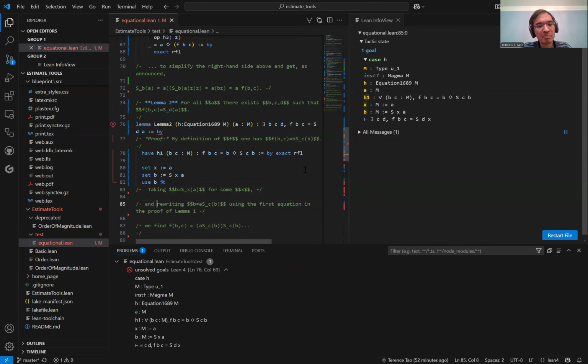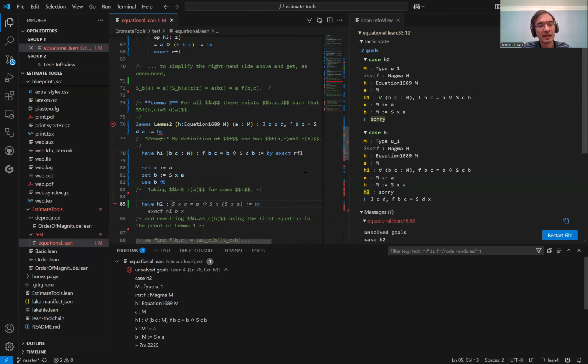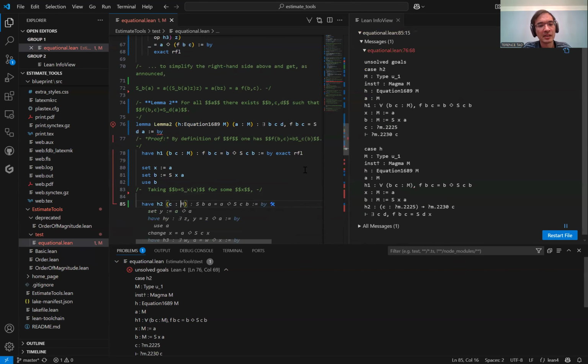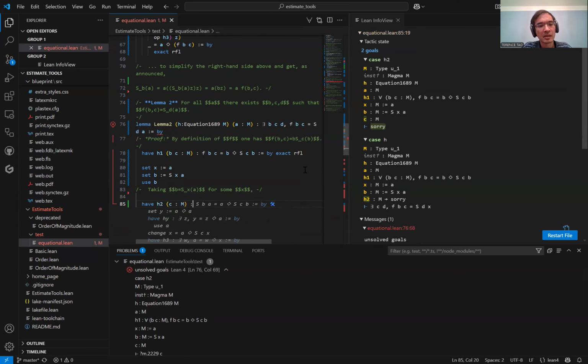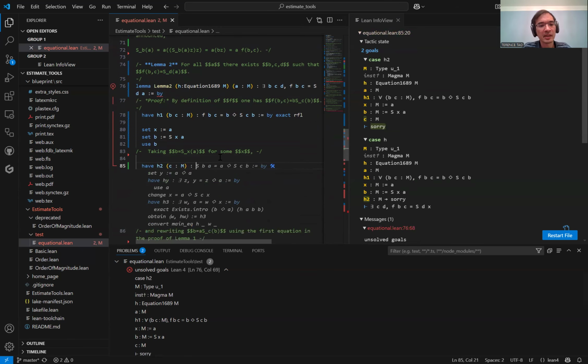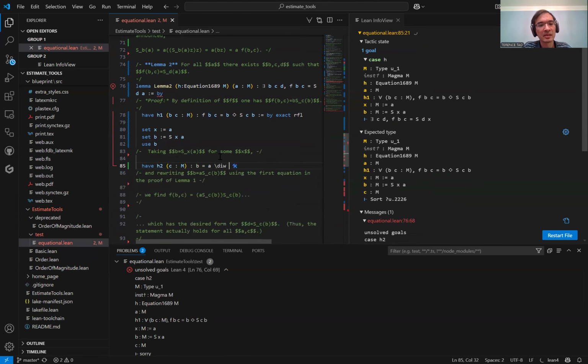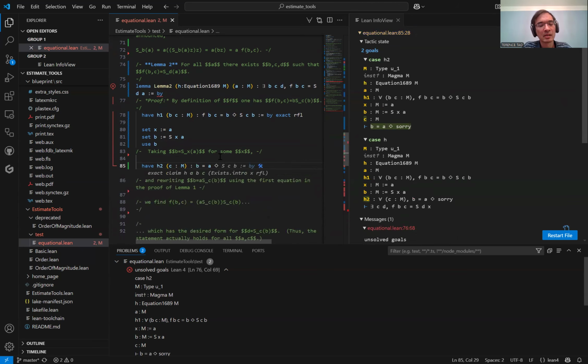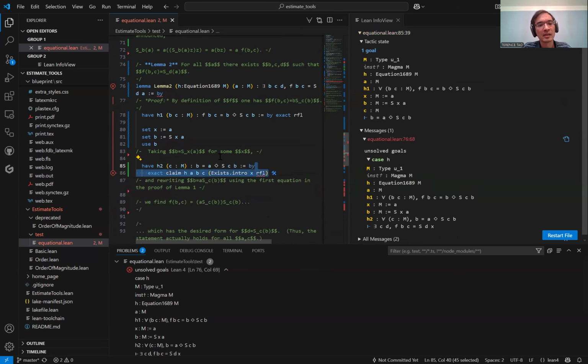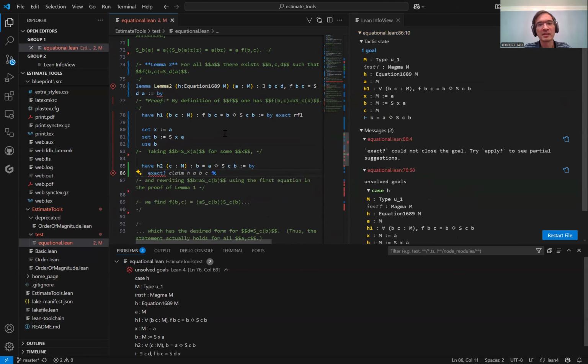And then rewriting B equals A as CB. Let's see why that's true. So I have, but C is not given yet. So for all C, I want B to equal A times SCB. Well, what's the reason?